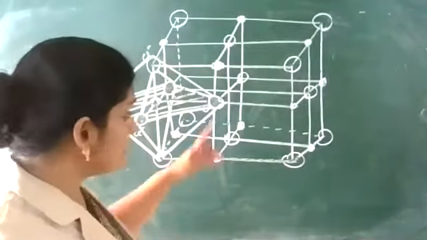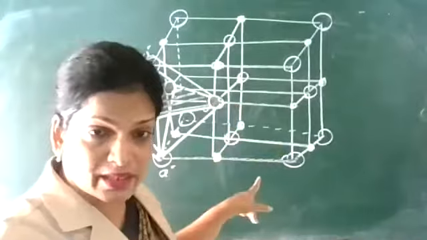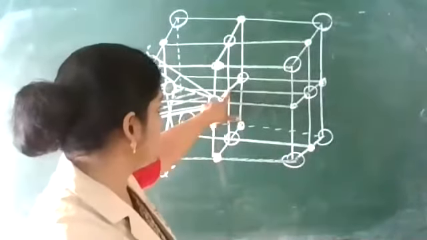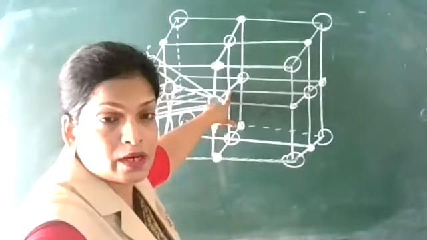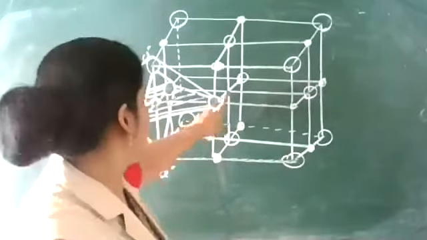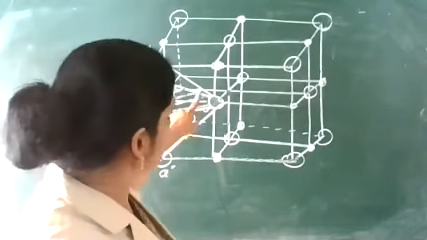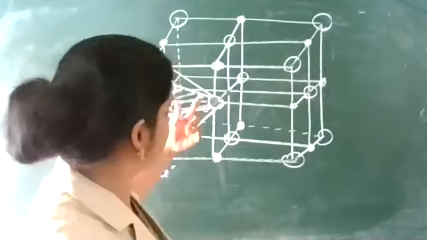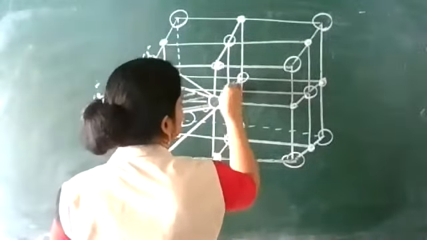Okay, so all the edge centers are octahedral points, and the center is also octahedral. Means Na plus is surrounded by 6 Cl minus, and one Cl minus is surrounded by 6 Na plus also. How? This is Na plus.